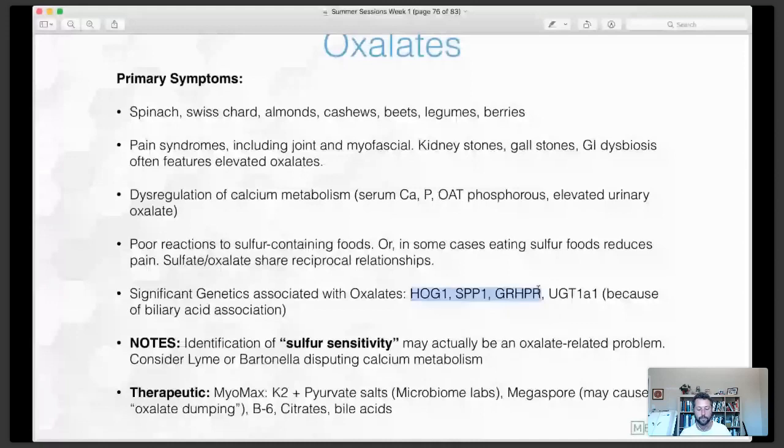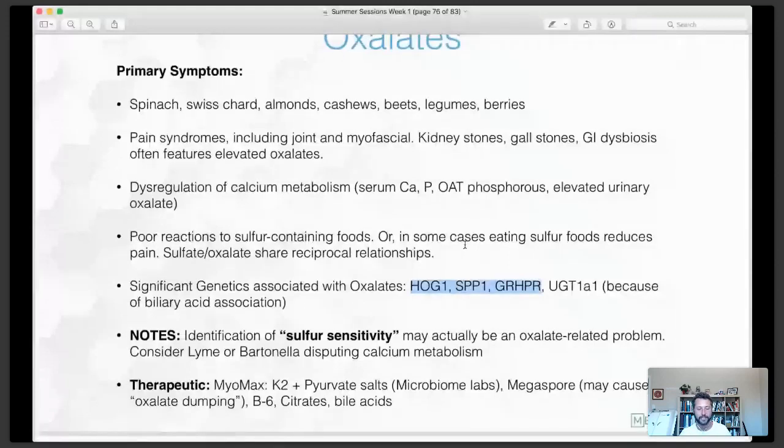So think about these things. Take an inventory. Do these foods create any kinds of issues? One thing to be aware of is the pain syndromes you're seeing and reaction to sulfur-containing foods. If you see that, think about oxalates as being causative. We can start by slowly reducing the oxalate. You can't pull off too quickly because it could cause an oxalate dumping reaction.